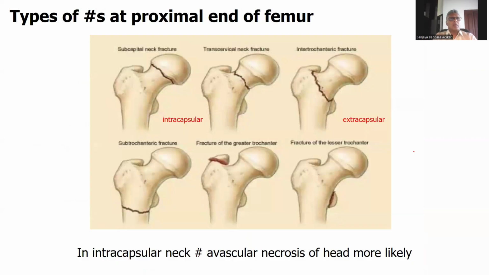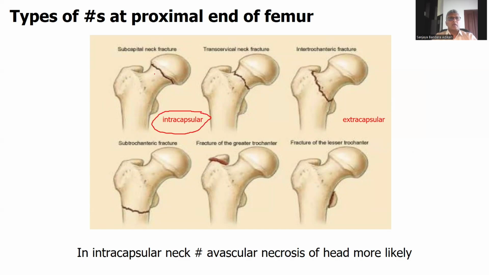Then a few things about the fractures themselves. Now I'm not going to talk about different types of fractures, but intracapsular fractures are the ones that are at risk of avascular necrosis.